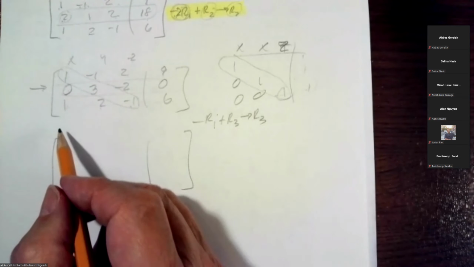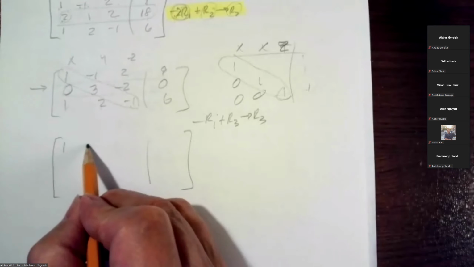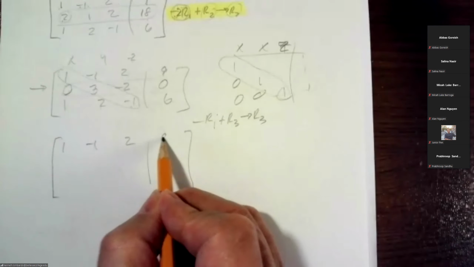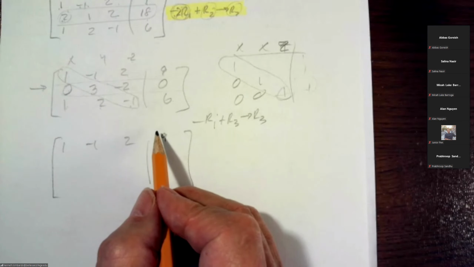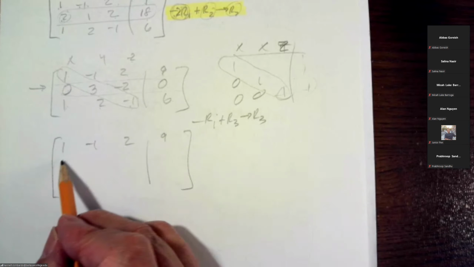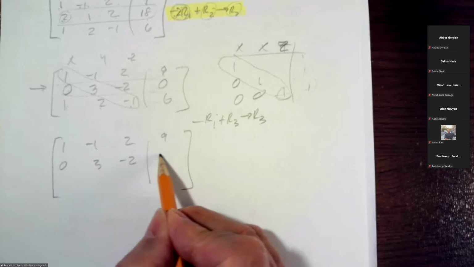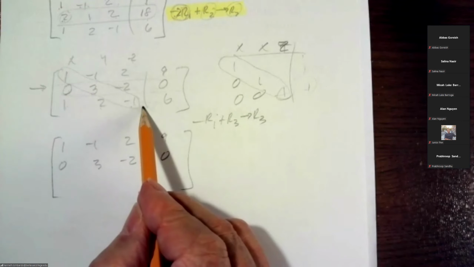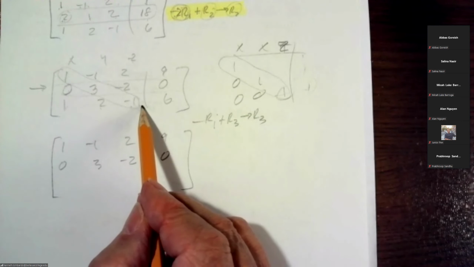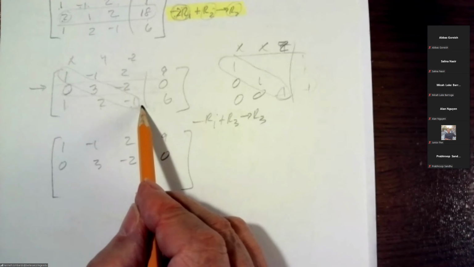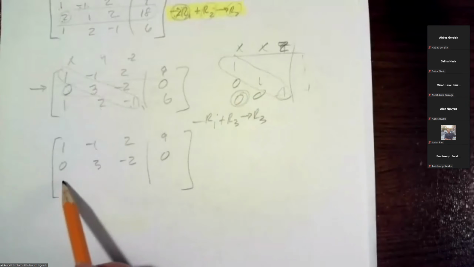So row 1 is still 1, -1, 2, and 9. Row 2 didn't change. It's 0, 3, -2, and 0. But what we changed is row 3. And you can imagine what we're trying to do.